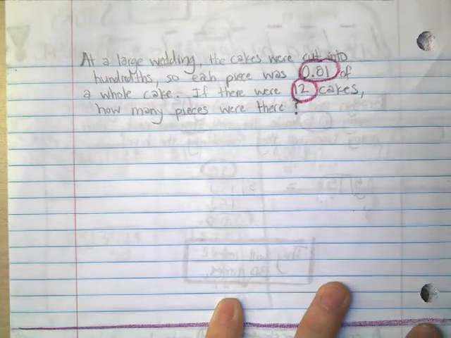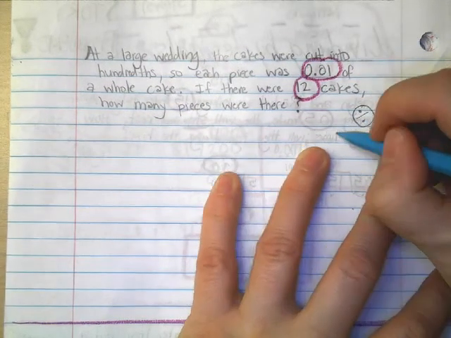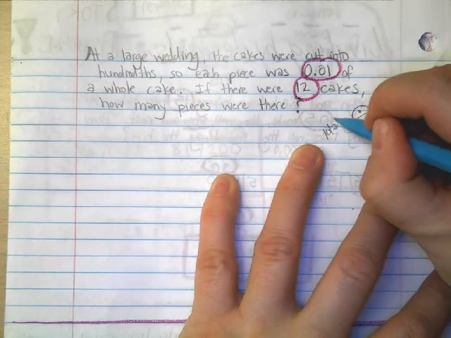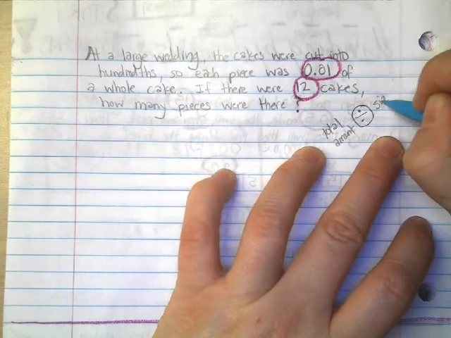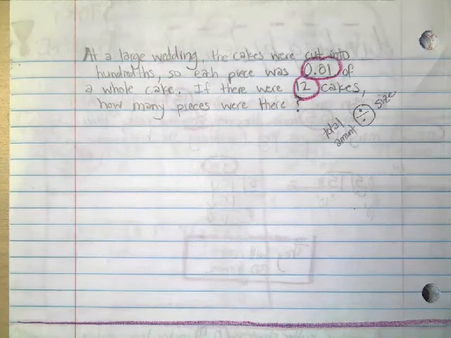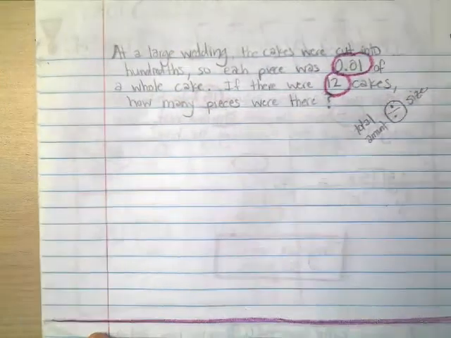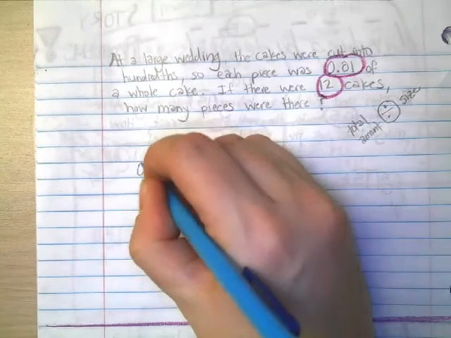So we have the total amount by the size. So this is a division problem where you're going to divide the total amount, which was cakes, divided by the size. Total divided by the size. So I have 12, and I'm dividing it by 0.01.